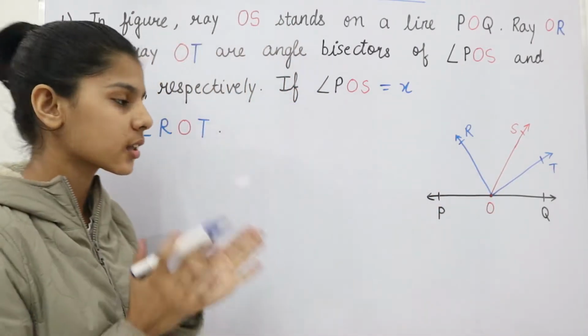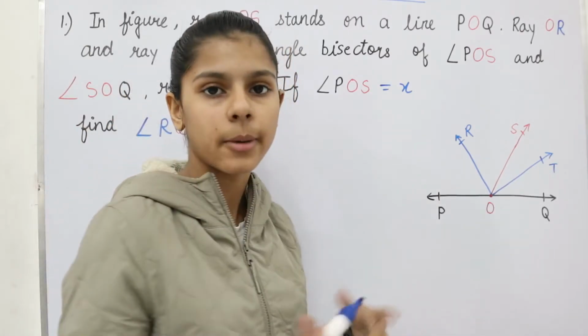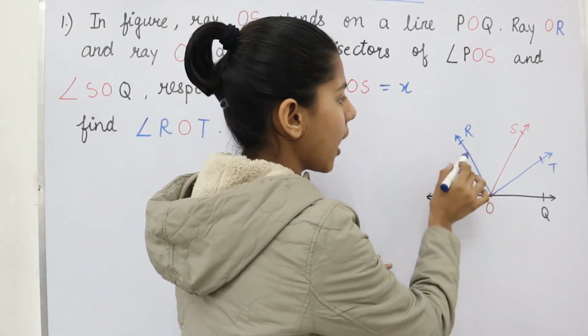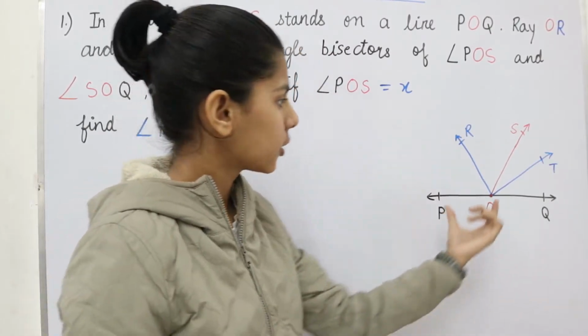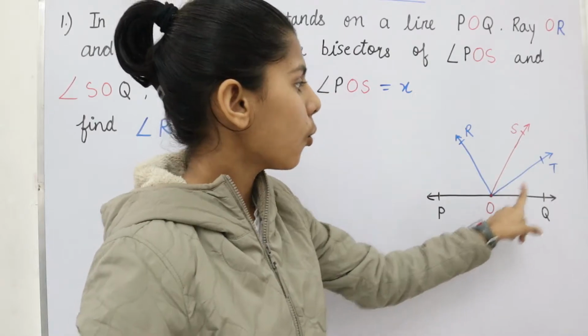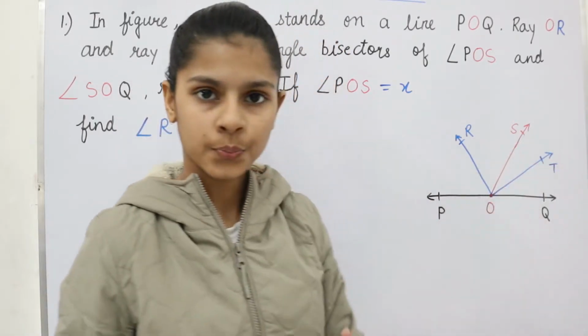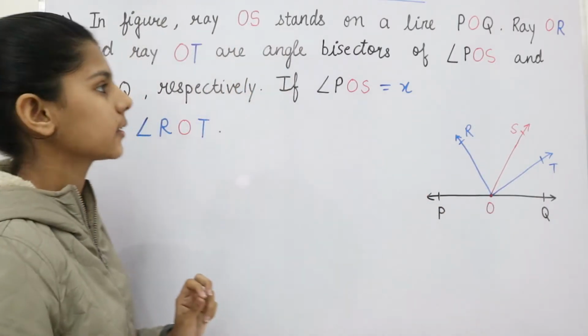Angle bisector means they bisect the angle into two equal parts. So OR is the angle bisector of POS, and ray OT is the angle bisector of the angle SOQ.